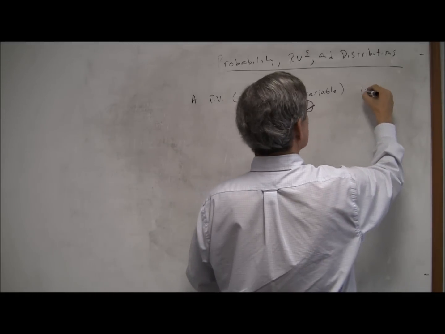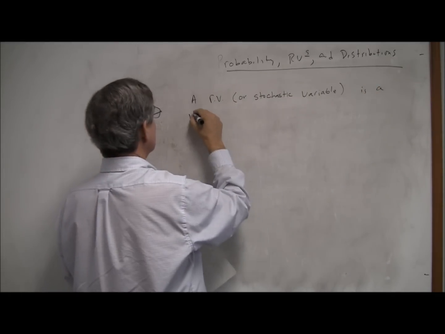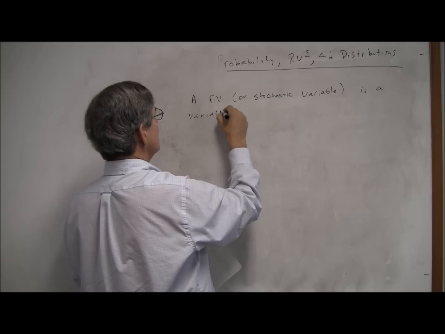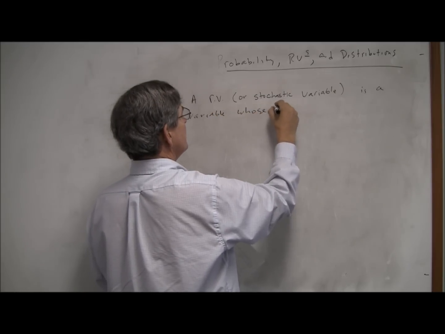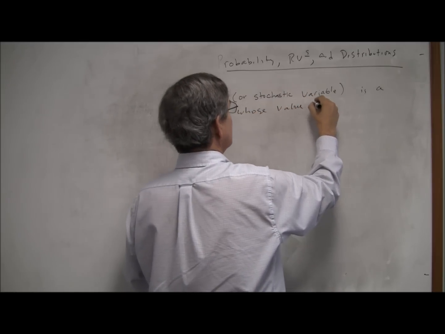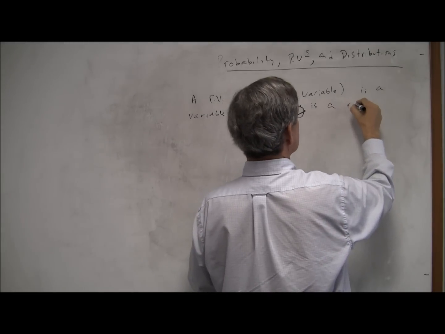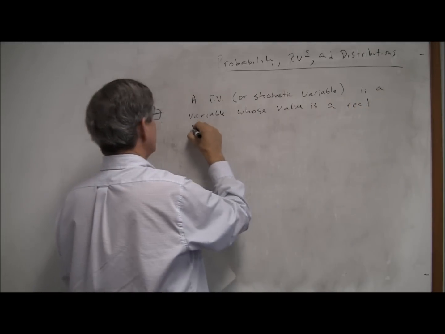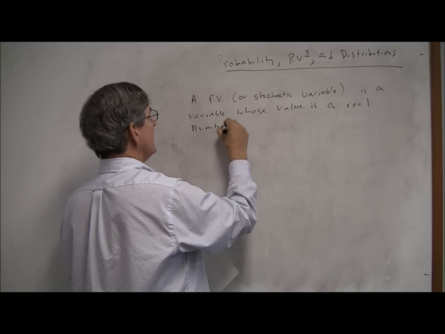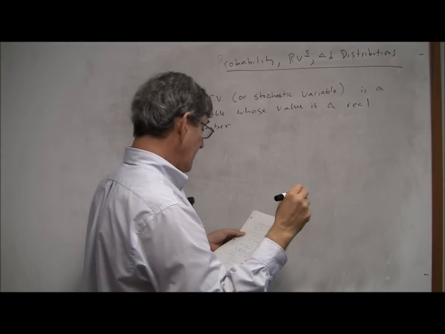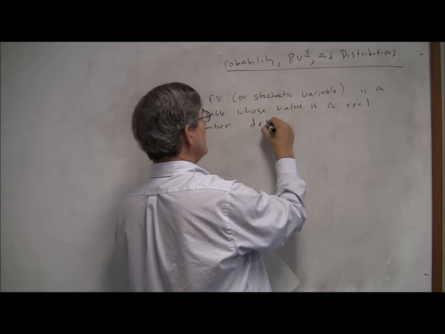A random variable is a variable whose value is a real number. It could be continuous or discrete, determined by the outcome of an experiment.